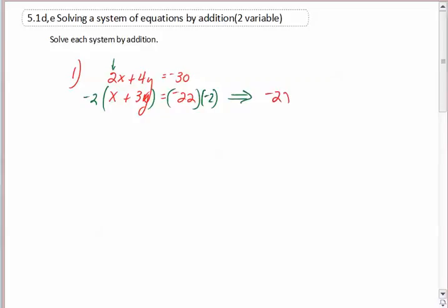I get -2x minus 6y is equal to positive 44. Now I'm just going to copy this one, because I didn't change anything on it. So there's 2x plus 4y is equal to -30.